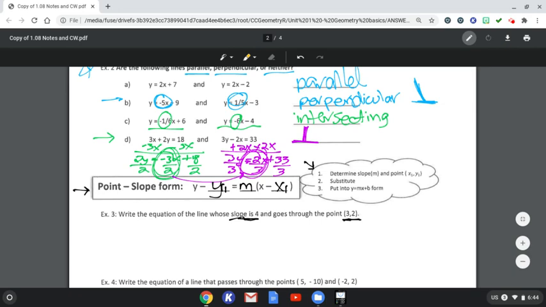So the steps to writing an equation: we use point slope form when you're asked to write an equation. So when asked to write an equation, determine the slope and your ordered pair x1, y1, make your substitutions, and then we solve for y to get it into our y equals mx plus b form.